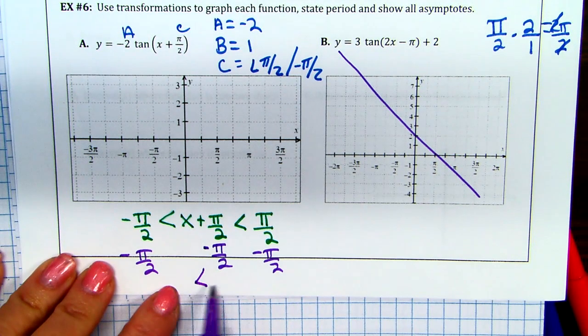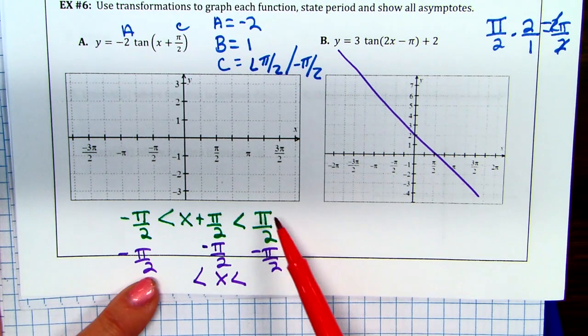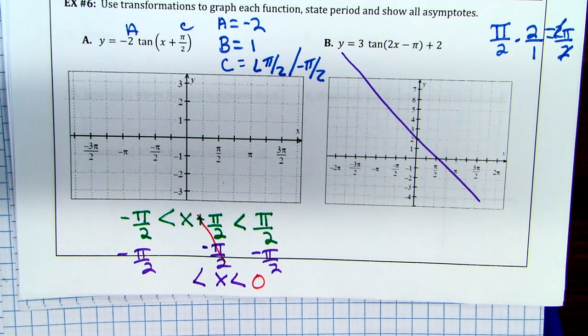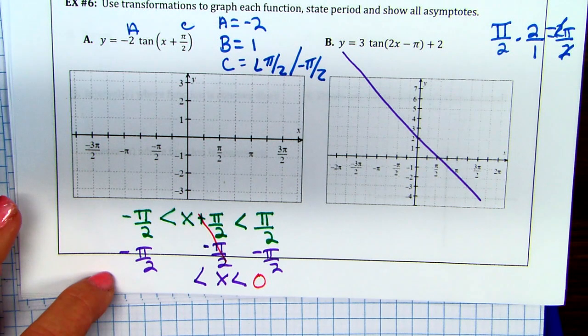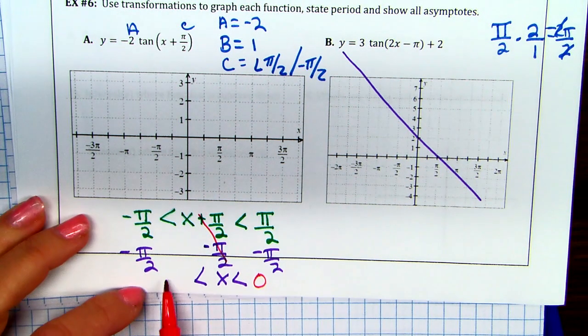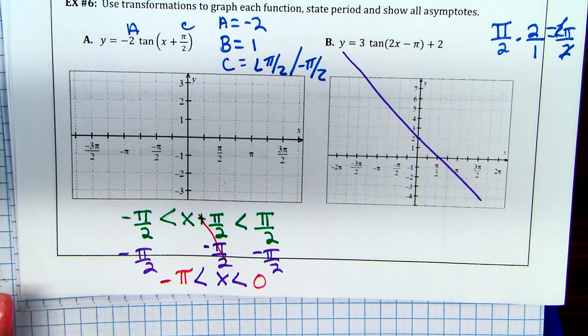Okay, so we're left with x right there in the middle, which is what we wanted. Right? Pi over 2 minus pi over 2, we got 0 over there. And a negative half plus a negative half is a negative whole. Whole what? Whole pi. Okay, that's negative pi. Right? 2 halves make a whole. They happen to both be negative, so our answer is negative.